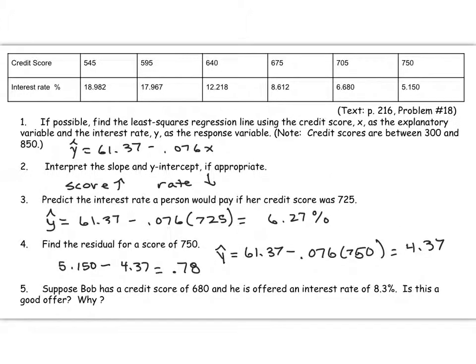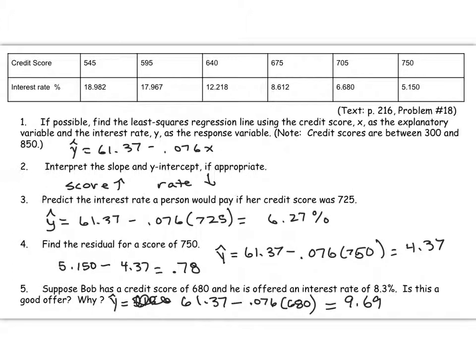Pretty close. Suppose Bob has a credit score of 680 and he's offered an interest rate of 8.3. Is this a good offer? Why or why not? Well, let's predict what we should get. 61.37 minus 0.076 times 680, our x value, gives me a rate of 9.69.